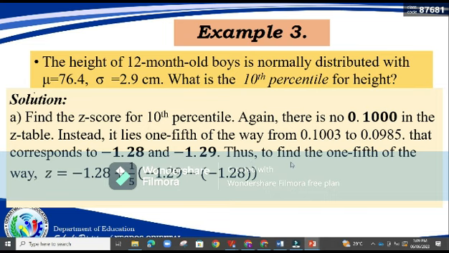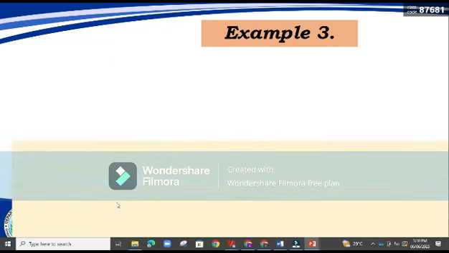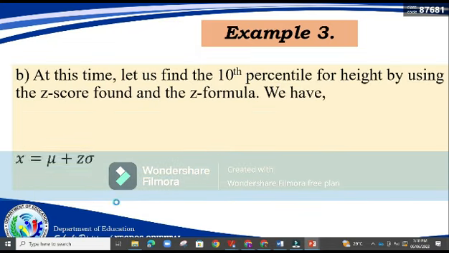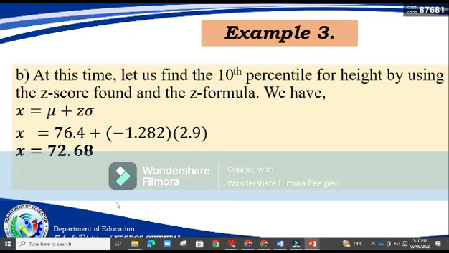Thus, to find the 1/5 of the way, z is equal to negative 1.28 plus 1/5 times negative 1.29 minus negative 1.28. Then, the answer is z equal to negative 1.282.